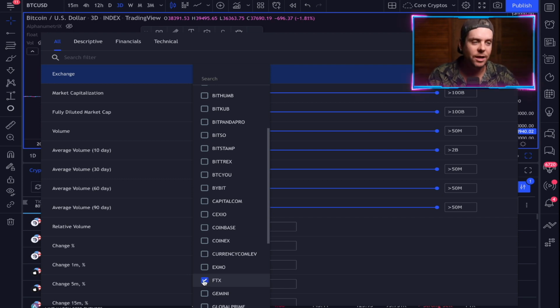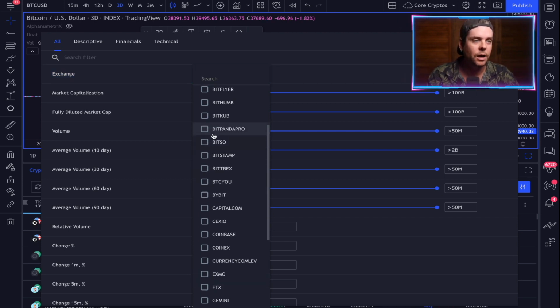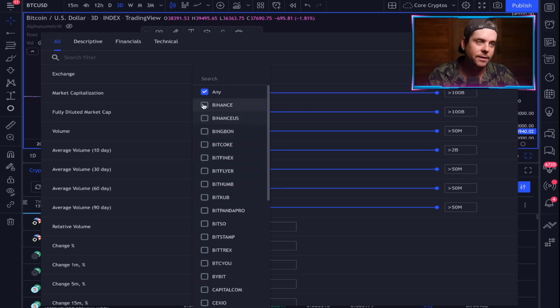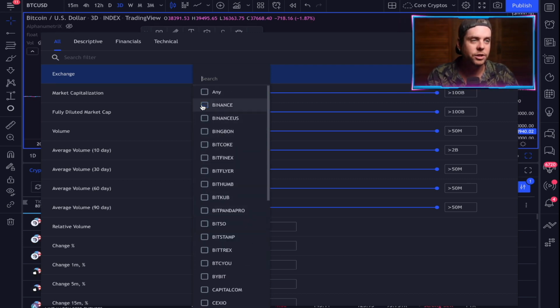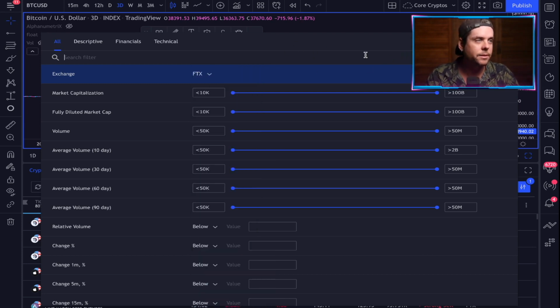To show you what I mean, if we go to, say, Binance, the number one trading volume is going to be Shiba Inu, but that's not because of the amount of dollars going through Shiba Inu. It's because you have so many of the tokens. You can buy millions of Shiba Inu for a couple hundred dollars. So it is volume on contracts, but when we go to FTX, you are going to get the dollar amount. So I'm going to just put FTX. This works really well for FTX.